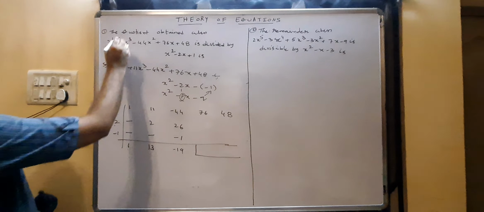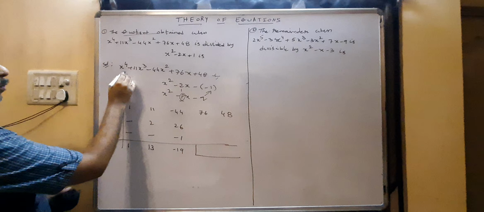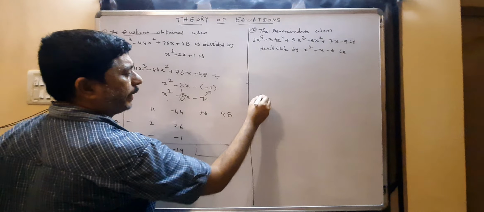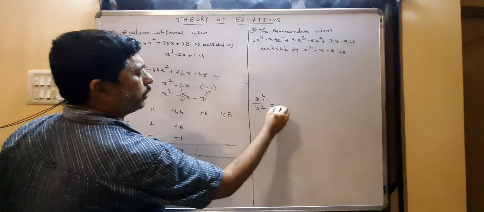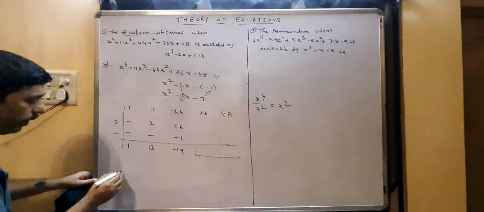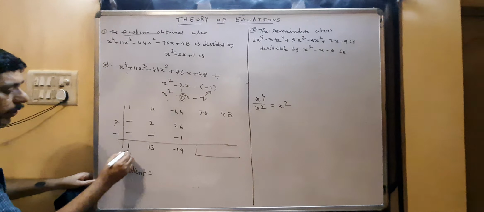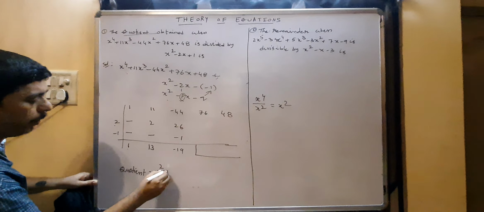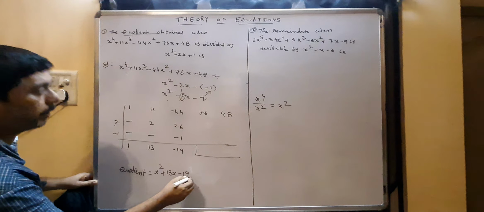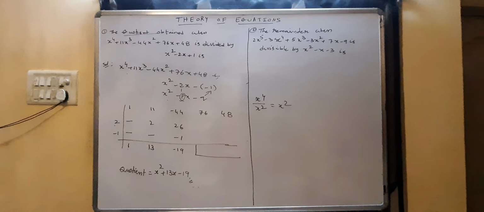They are asking only the quotient. So this is a fourth degree polynomial divided by a second degree, x power 4 by x square, so that is x square. So the quotient is 1 into x square plus 13x minus 19. That is the answer.